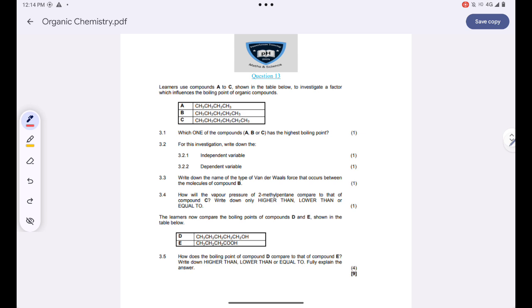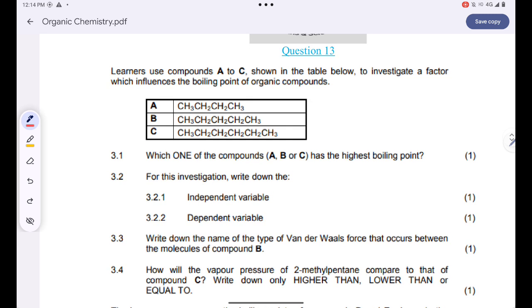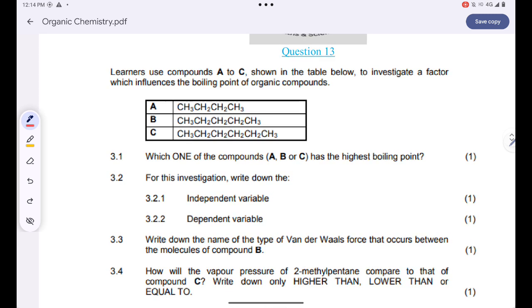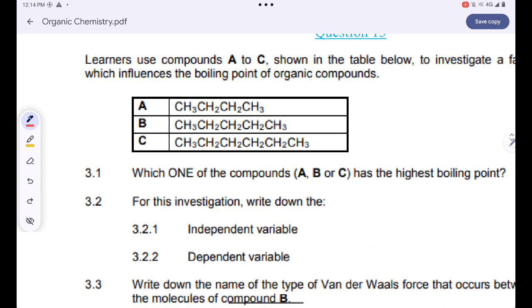Learners use compounds A to C, shown in the table below, to investigate the factors which influence the boiling point of organic compounds. These compounds are just hydrocarbons. Their difference is their molecular mass altogether.